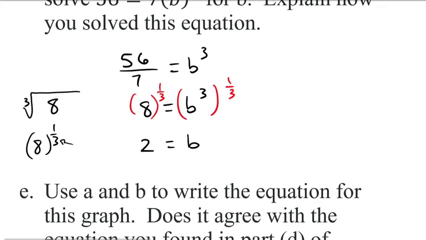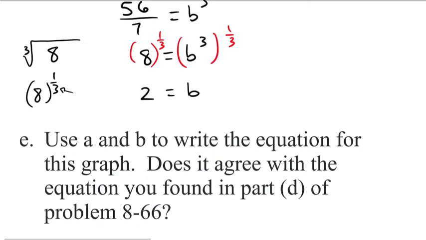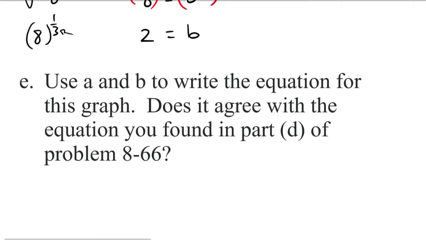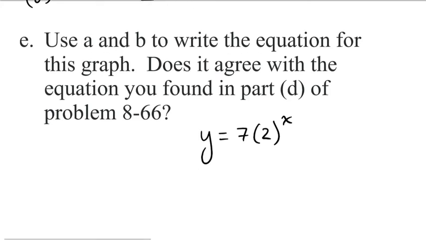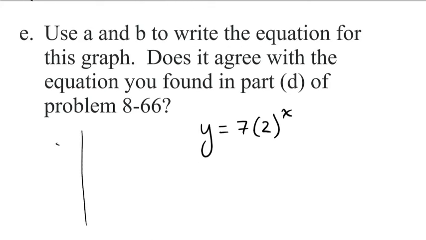Now it says use a and b to write the equation of this graph. Does it agree with the equation you found in part A? At this point we can write the equation: y is equal to 7 times 2 raised to the x power. It fits exactly what we observe with the graph. In a table of values, when x is 0, we get 7.